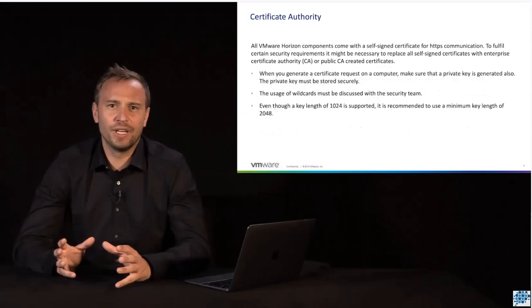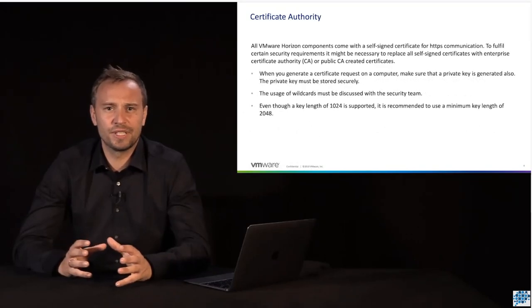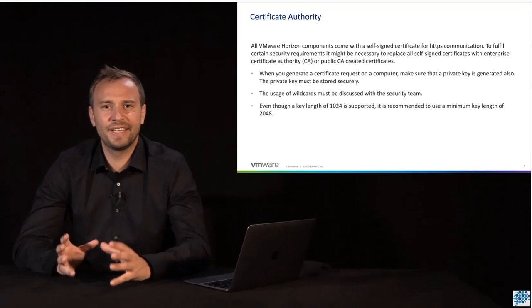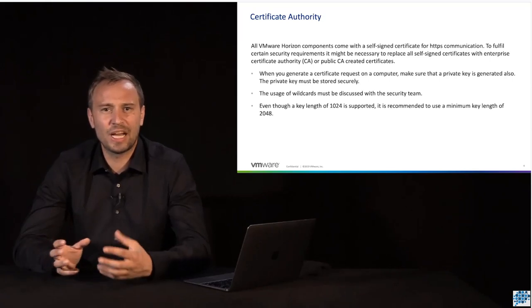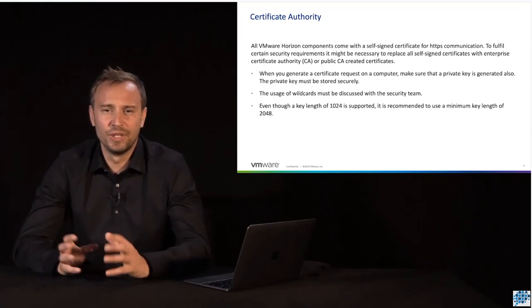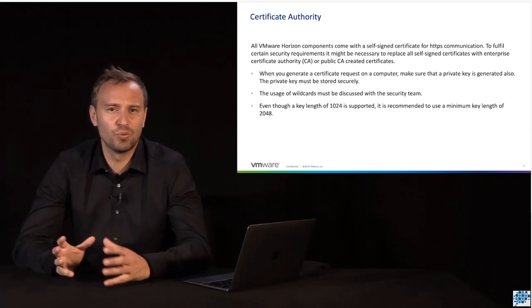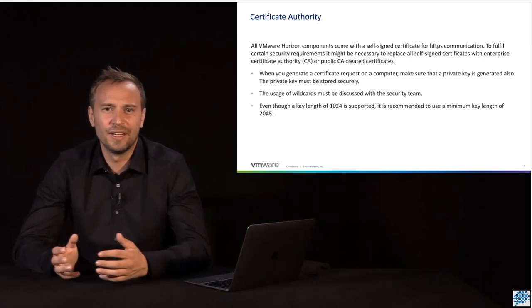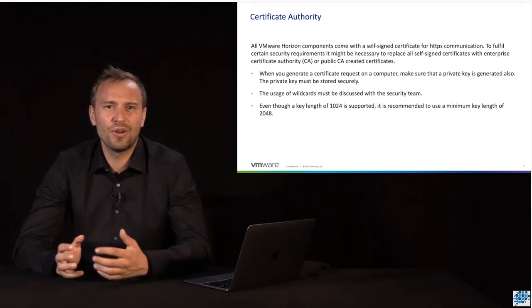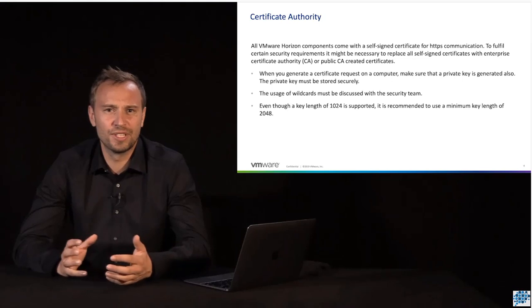If we generate certificate signing requests, we also need to make sure that we keep the private key that comes with this signing request. We need to store this private key securely. We need to transfer it really carefully, since we don't want this private key accessible to any non-authorized users or systems.